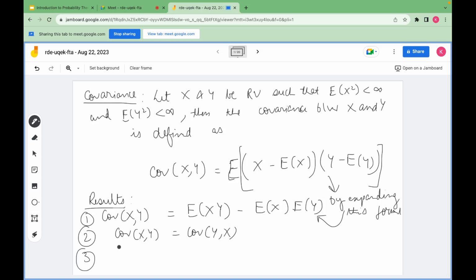Third is that the covariance between the same random variable is nothing but their variance.